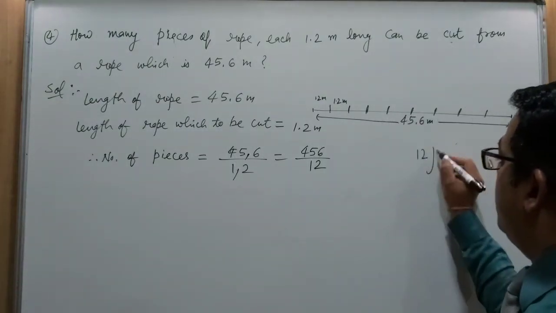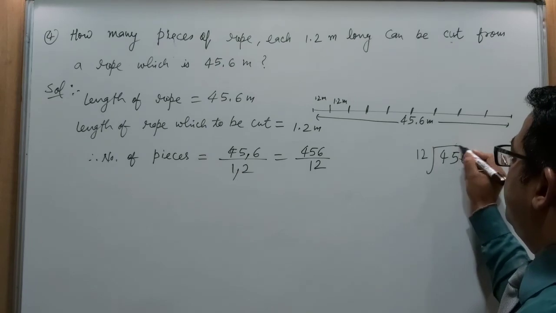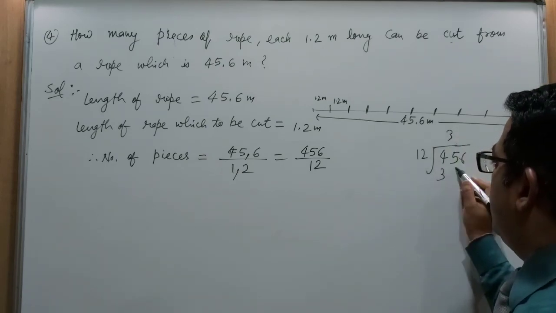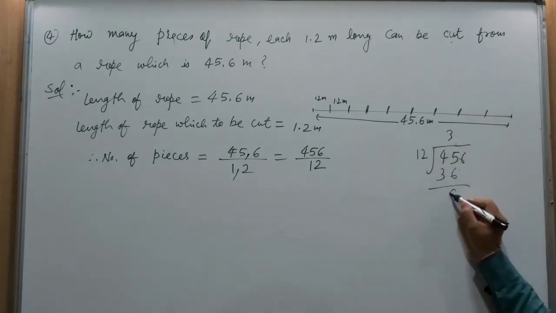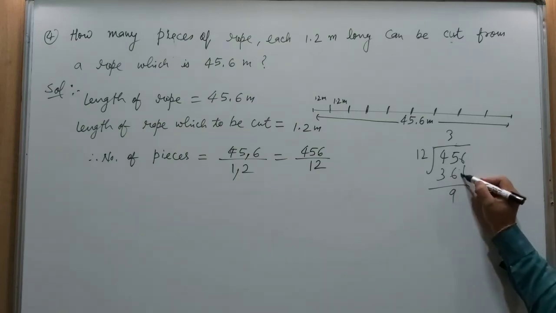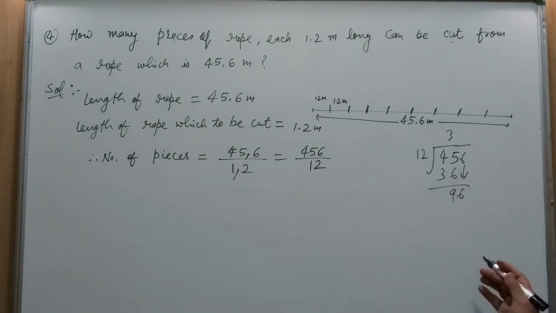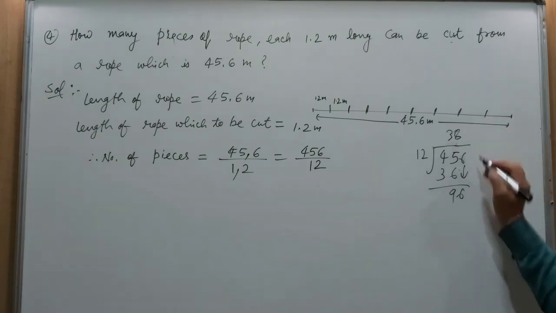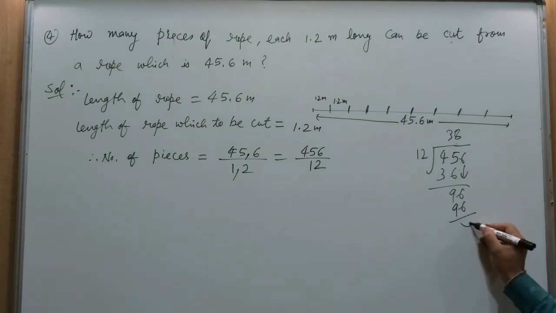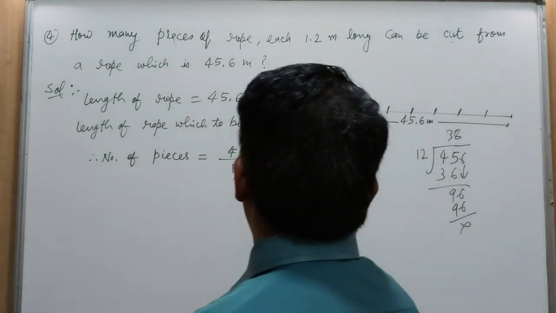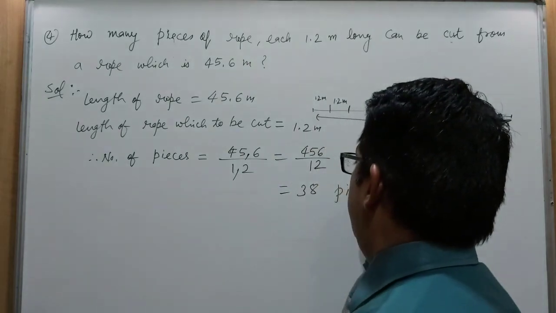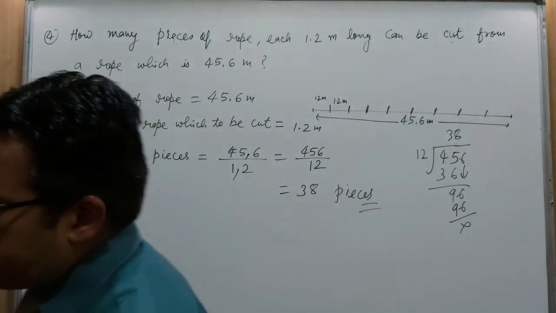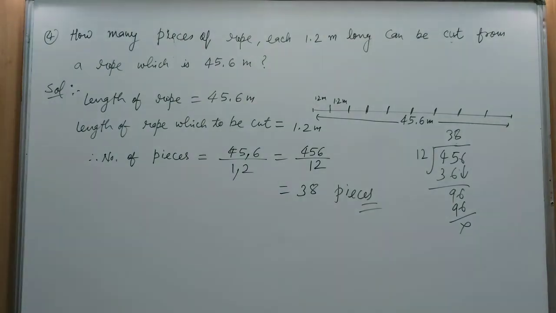So let's start dividing. 3 times we can divide it. After subtraction, 9 we have, and what to do now? 6. We can shift the next digit. Now how many times? 8 times. 8 twelves are 96. So 38 pieces. It means we can cut 38 pieces from that rope, each of length 1.2 meters.